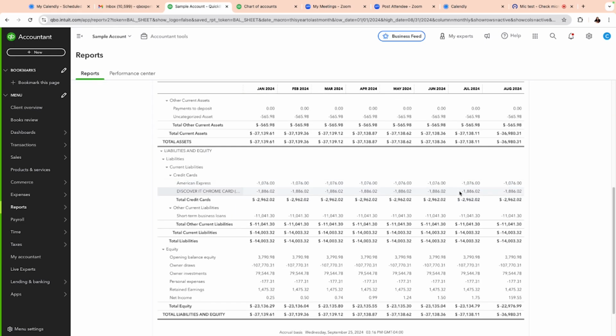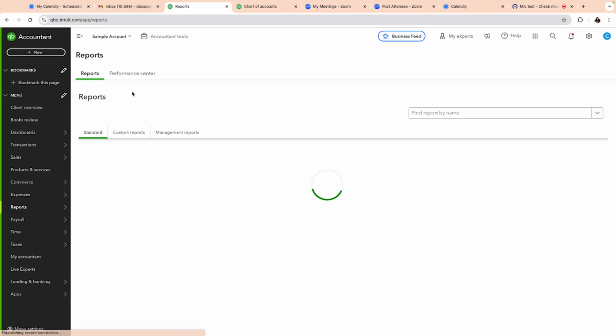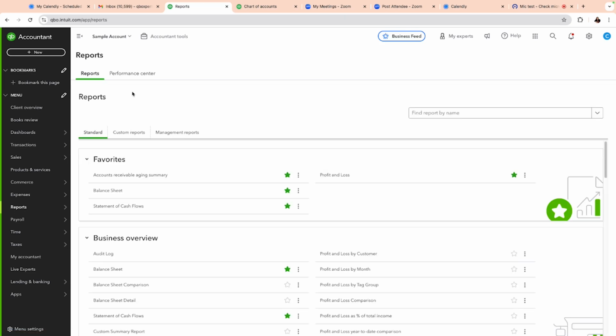You don't have to, but here it is. Okay, so this information can be key for you to understand the picture of your business, what's the bottom line. So we're going to talk about the statement of cash flow next time. But today we are done. Let's go back here. All right.